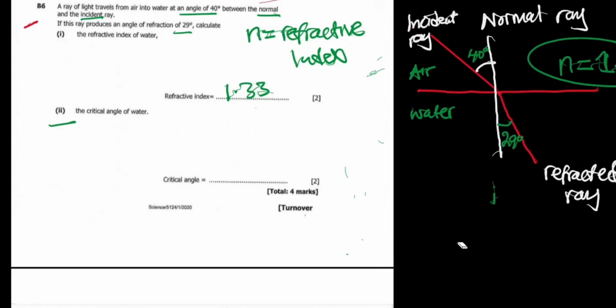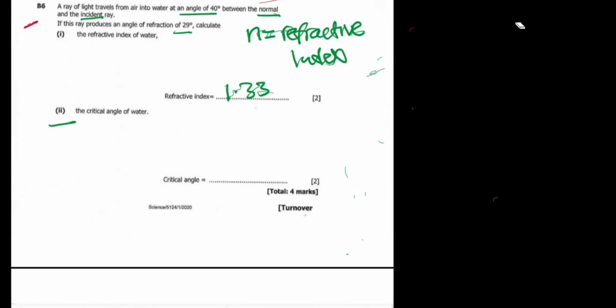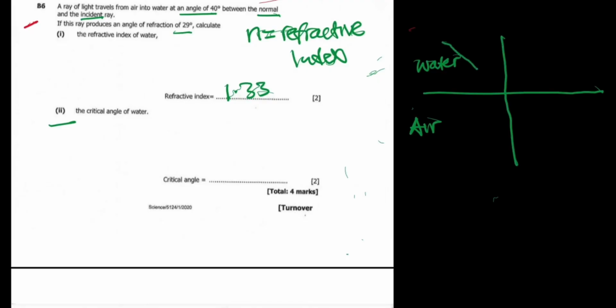Well, when you're talking about the critical angle, you might have something like this. Let's say this is the dense medium, which is water, and this is air. Let's say this is the normal. So when light comes in this direction, it becomes parallel to the resting position here.